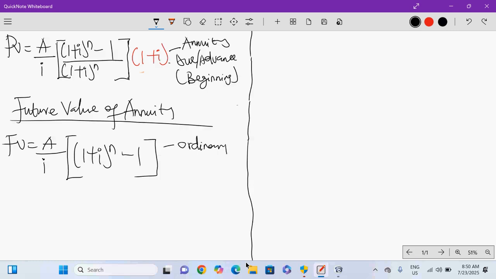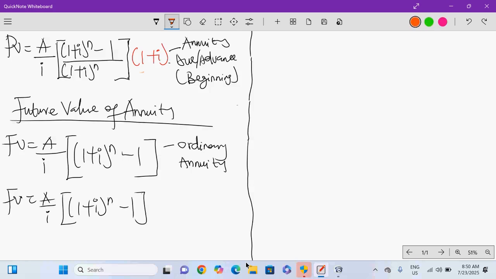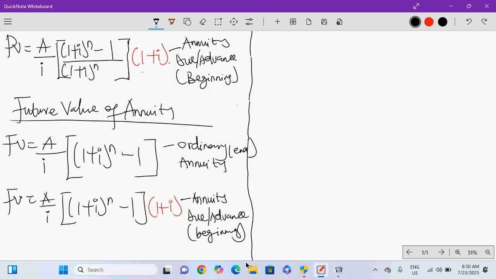So this is for the ordinary annuity. And then we have the future value is equal to A over I, 1 plus I exponent n minus 1, then bracket 1 plus I, which is at the beginning, which is the annuity due or advance, and that is at the beginning, and this is at the end.